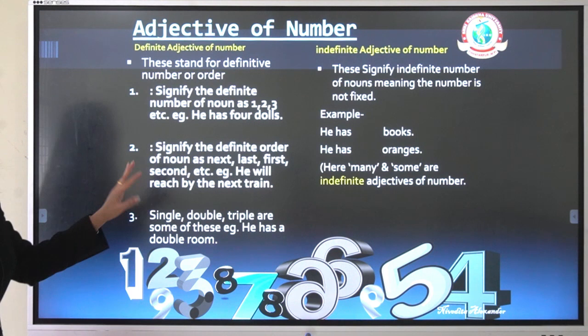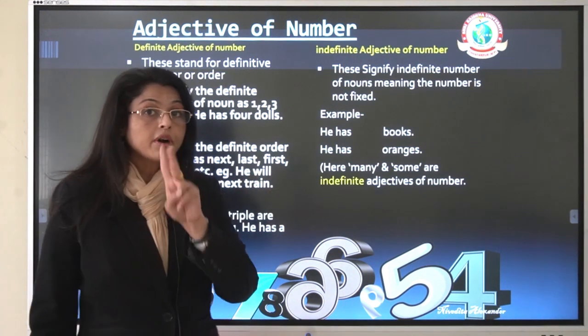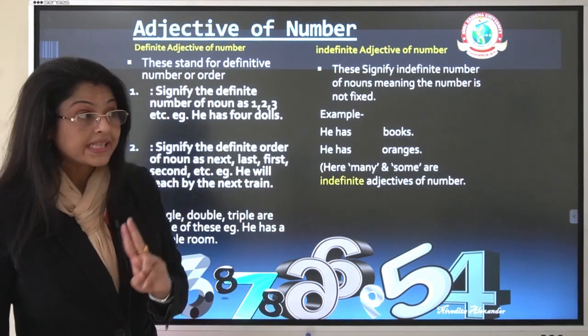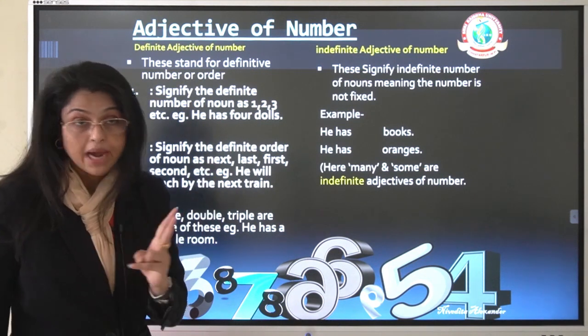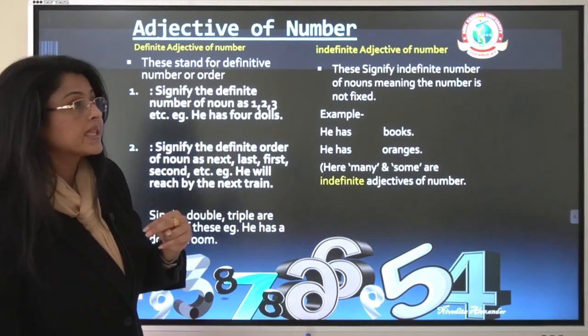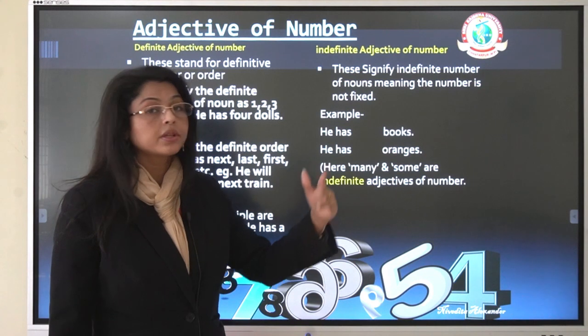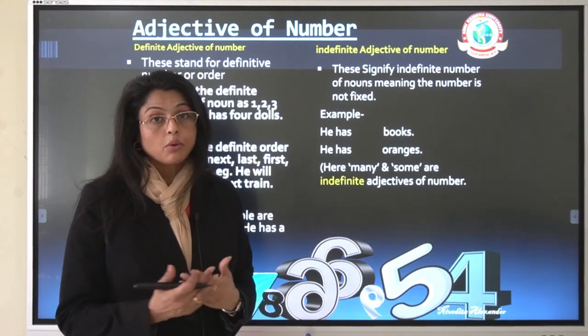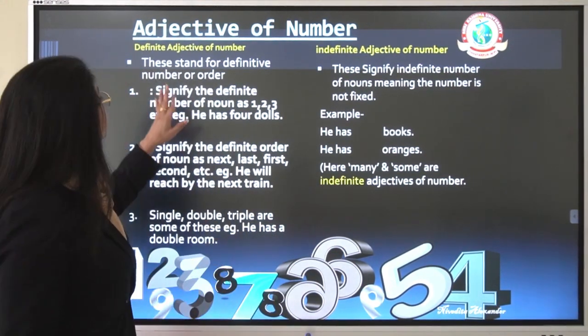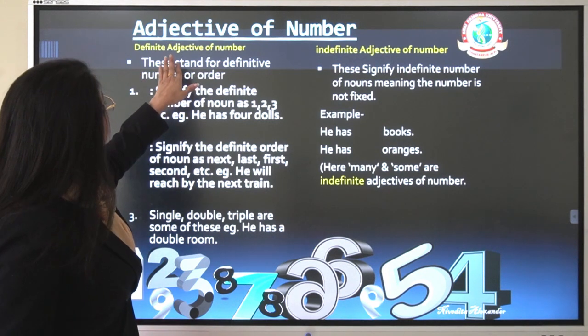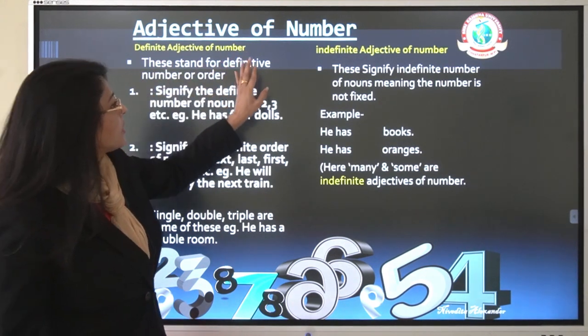So the next type of adjective is adjective of number. Now adjective of number is of two types, cardinals and ordinals. Cardinals are in general what you read in maths: 1, 2, 3, 4. Ordinals: first position, second position, third position, these are called ordinal numbers. So define adjective of number.